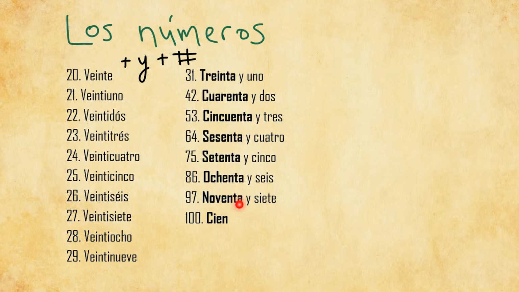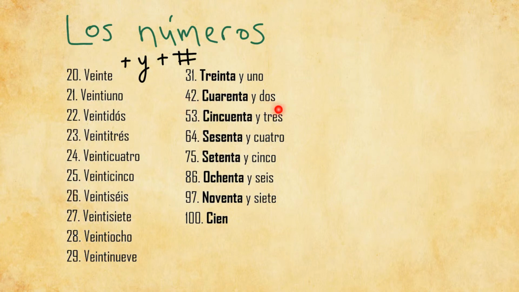And then again, here you can see the same thing that I explained with the 20 numbers. But here it is not connected into one word. So if you go from 30 upwards, you have the word that expresses how many tens there are. Then you have y, which means and. And then you have the simple number from 1 to 9. So 31 is treinta y uno. And when you read it, it sounds like it's one word, but it's written as 3. Contrary to the 20 numbers.